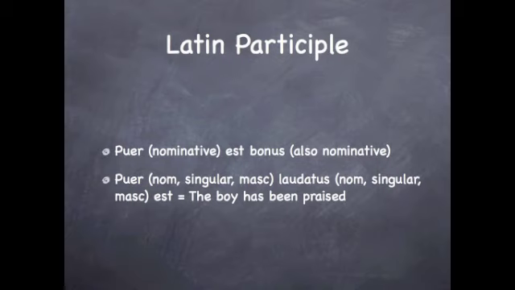So, we're going to be still dealing with this idea of predicate nominative, because the participle will agree in case, number, and gender with the thing being modified. And since we're talking about passive voice and the subject receiving the action, it will always be the subject, which we know is nominative case.